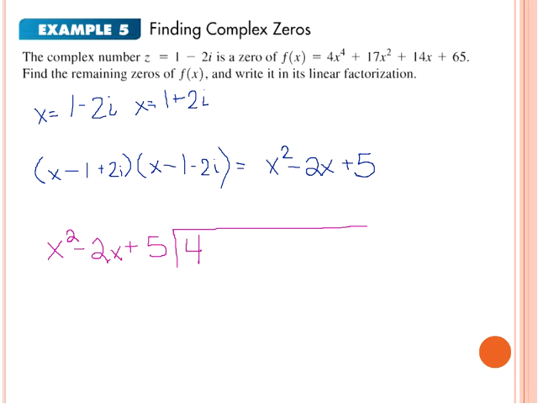Underneath, we're going to take our polynomial. We have to use long division here because the x squared minus 2x plus 5 is not linear. That's a parabola, right? So we've got to use long division.